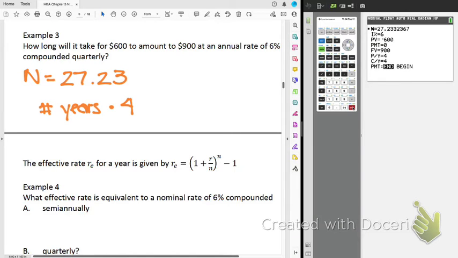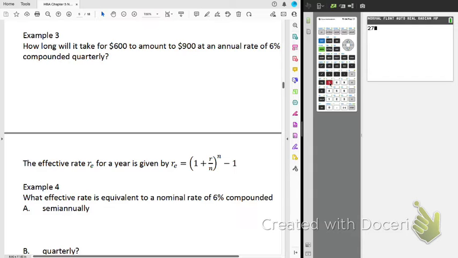So to get the number of years and work backwards, I have to do what? Divide, right? So although it does mean that we have to quit what we're doing in here, remember to quit out of any program on your calculator. You do second quit, and I can do 27.23 divided by 4, which tells me about 6.81 years for my time.